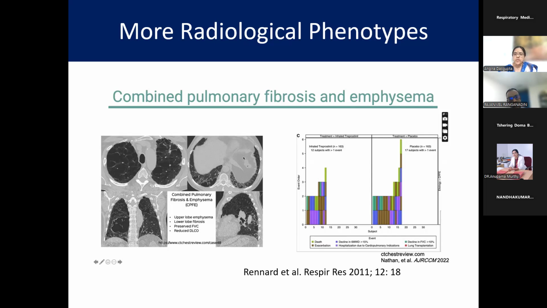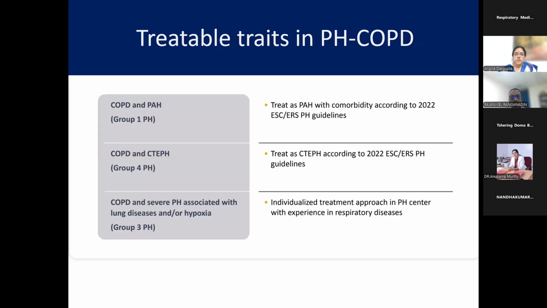It's very, very difficult, especially in the era of so many inhalers and so many immune modifiers. It's really difficult to treat such patients, even though they might appear to have one of the treatable traits. When we have pulmonary hypertension and COPD, you can use the 2022 European Society of Cardiology guidelines.